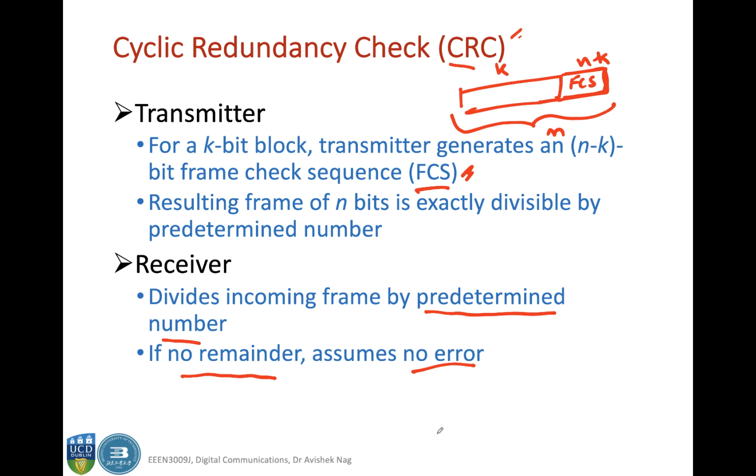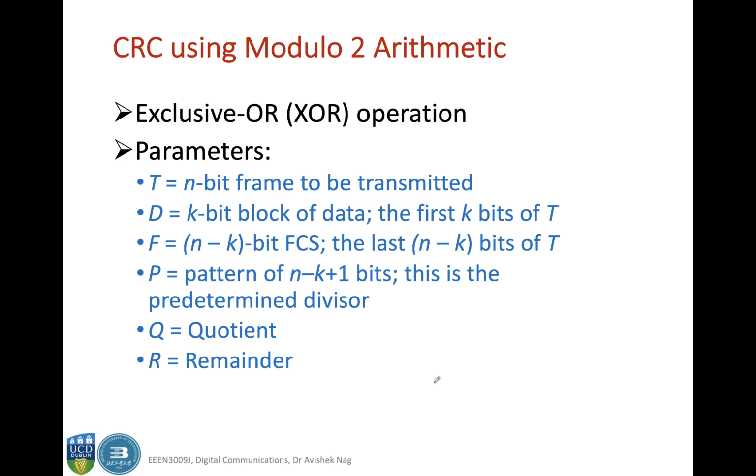That's the error detection rule for cyclic redundancy check. You can represent cyclic redundancy check using modulo 2 arithmetic. Modulo 2 addition is nothing but the exclusive OR operation.